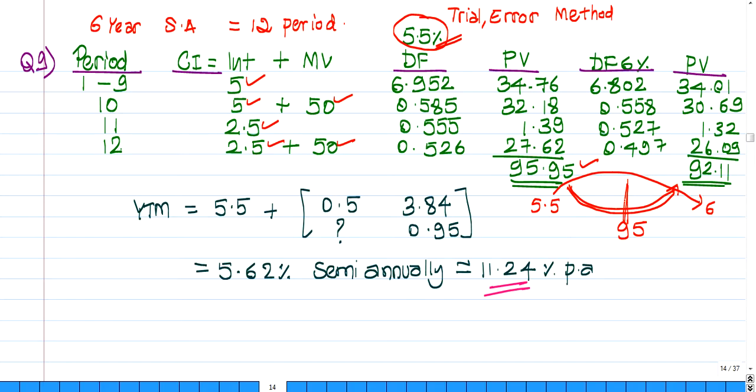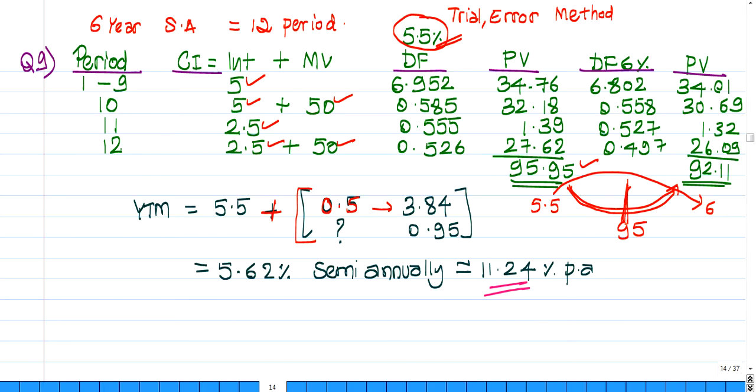It is very low. You have to stop at 95. So 5.5 plus, for 0.5 increase in the discounting factor, the change is 95.95 minus 92.11, a change of 3.84. How much change do we need? Only 0.9 reduction.